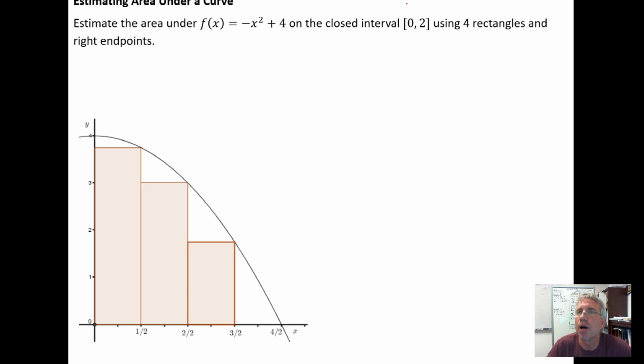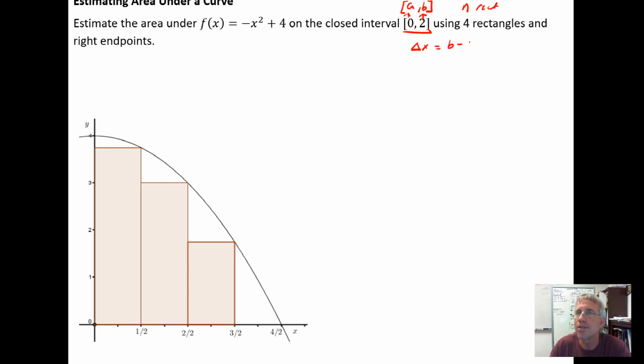So the first thing we want to do is recognize that if we're working over a closed interval from A to B, and we are going to construct n rectangles, that we need to know the width of each of the n rectangles. And so delta x, the width of each of the n rectangles, is going to be given by b minus a.